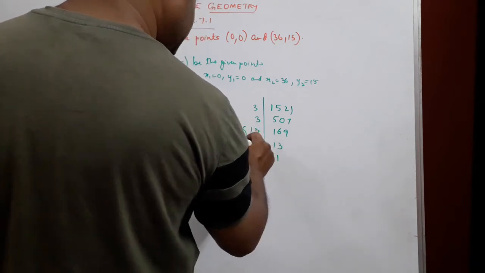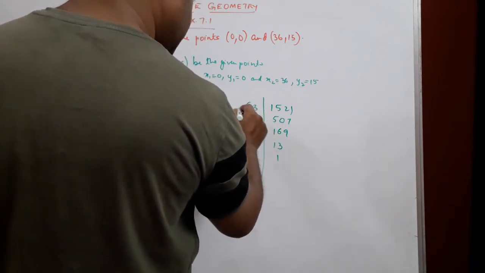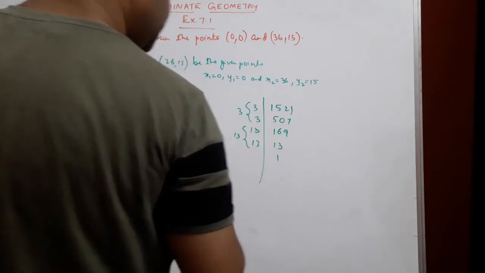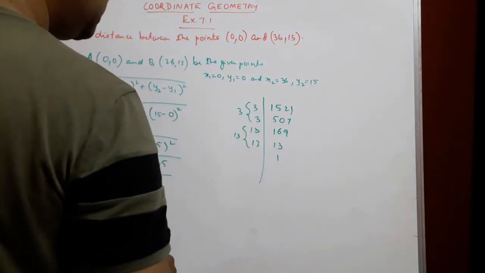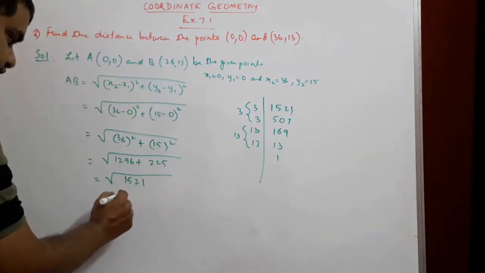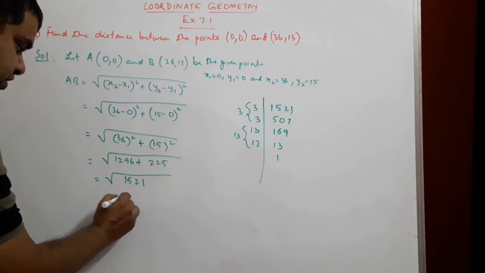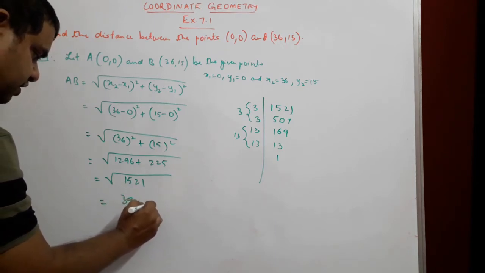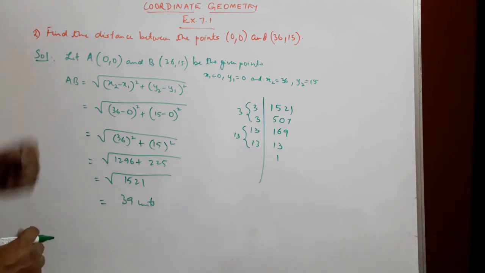So that means you have 13 over here and you have 3 over here. 13 into 3 gives us 39. That means the square root of 1521 is 39, and that would be 39 units. That is the distance between the points A and B.